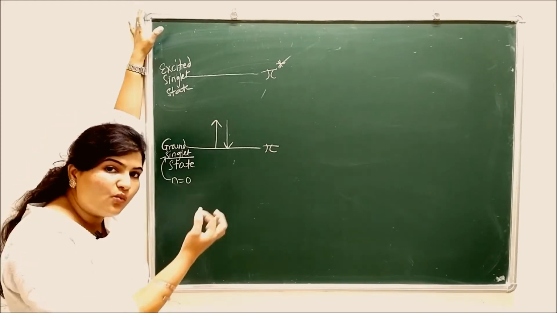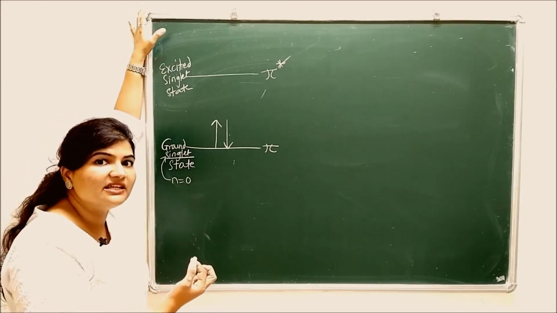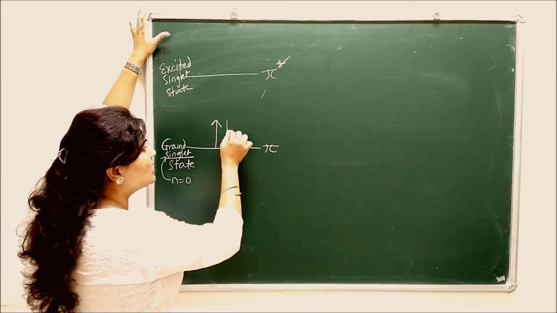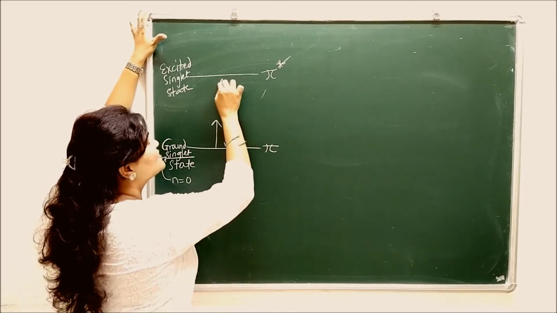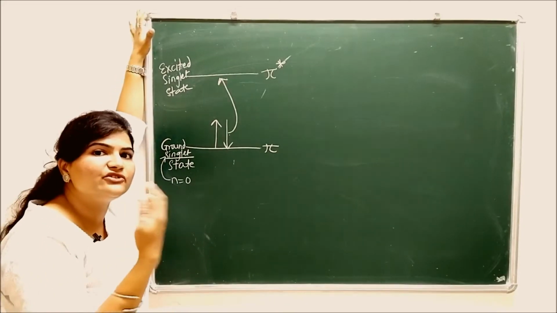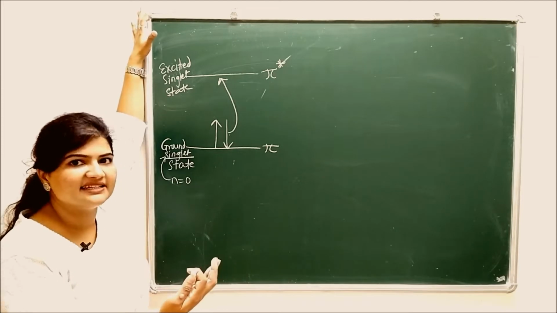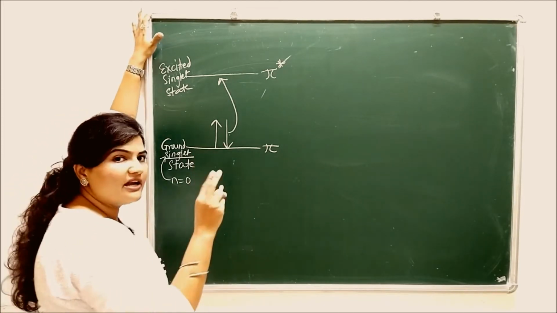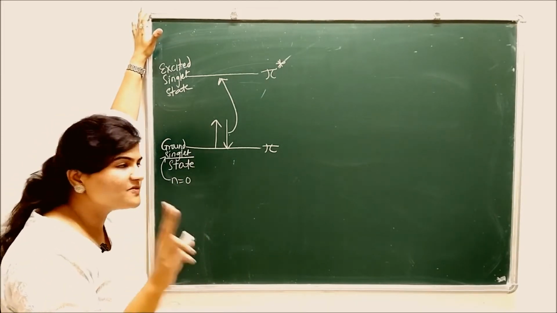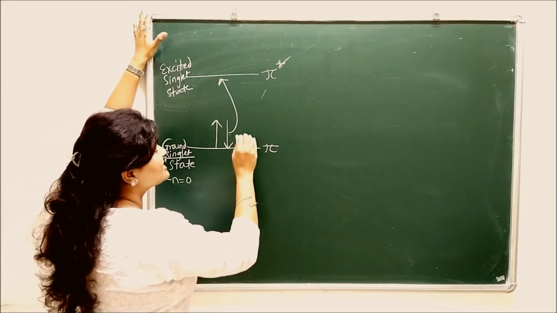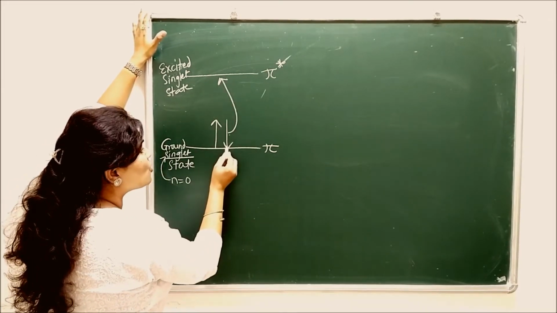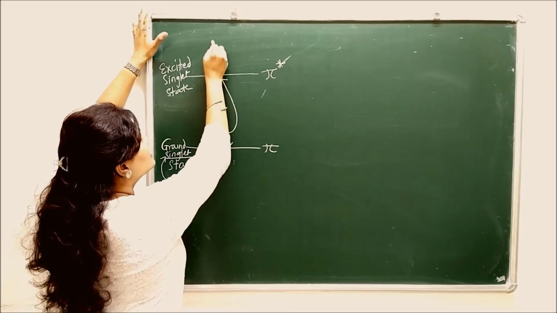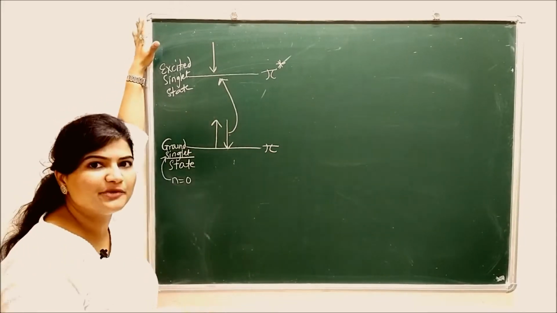Now what happens, once it absorbs the radiation, it may happen that one of the electrons will absorb that radiation and move to excited singlet state. Now there are 2 possibilities. Now just observe carefully, there are 2 possibilities. Either it can go like this, retaining the original spin.